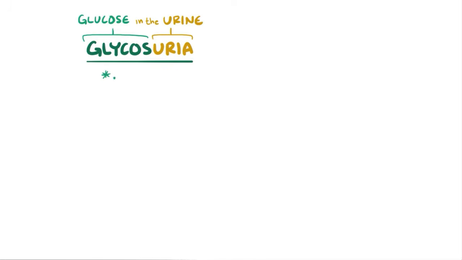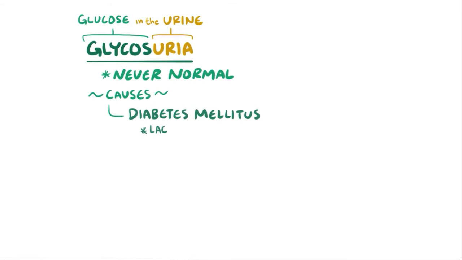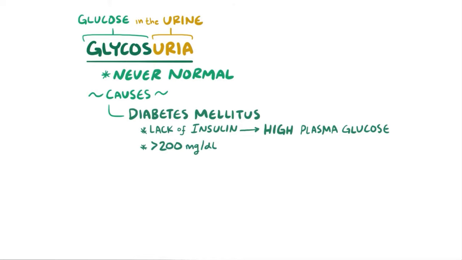Now, glycosuria, or glucose in the urine, is never something that's normal. And it often happens in uncontrolled diabetes mellitus, where the lack of insulin results in whopping levels of plasma glucose, well above threshold of 200 milligrams per deciliter. But keep in mind that a more mild abnormality in glucose concentration, like 150 milligrams per deciliter, might not cause glycosuria, because the threshold hasn't been met yet.